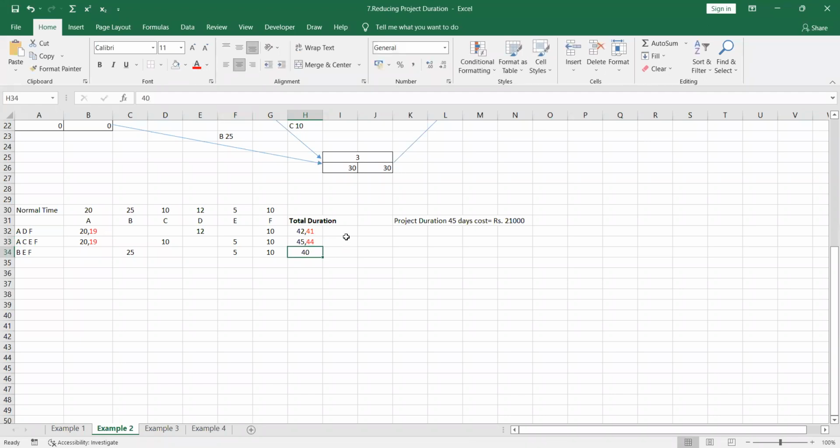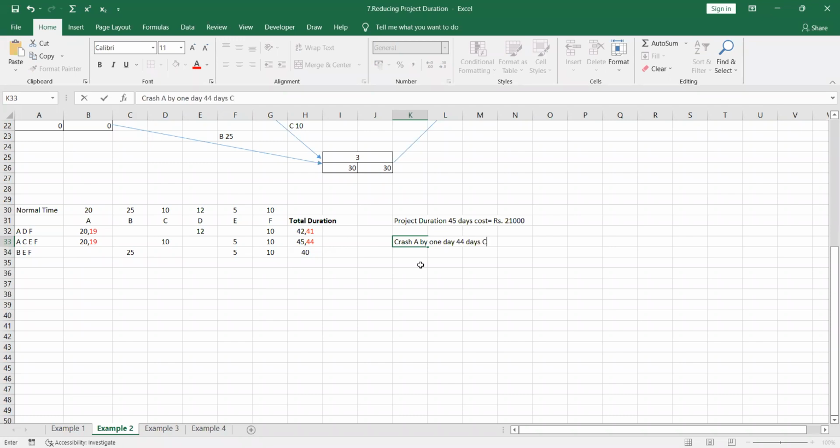Right? So we have crashed A by 1 day. After crashing A by 1 day, what is the critical path? The critical path is still the same, ACEF. So now the duration is 44 days.